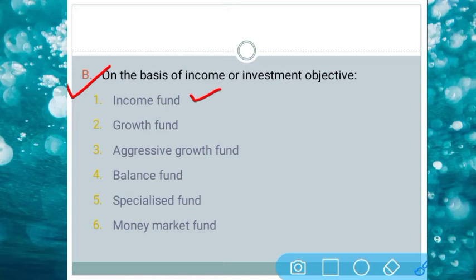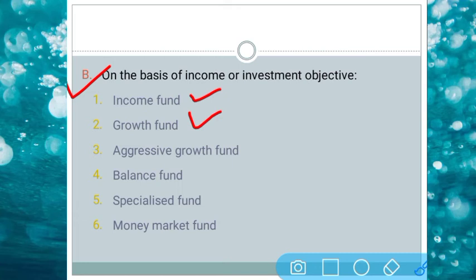So the major investment of this fund is done in debt instruments or instruments where the fixed return is guaranteed. Risk averse investors generally invest in income funds, those who do not want to take much risk, like retired people, salaried people with a very low salary, or middle class people.